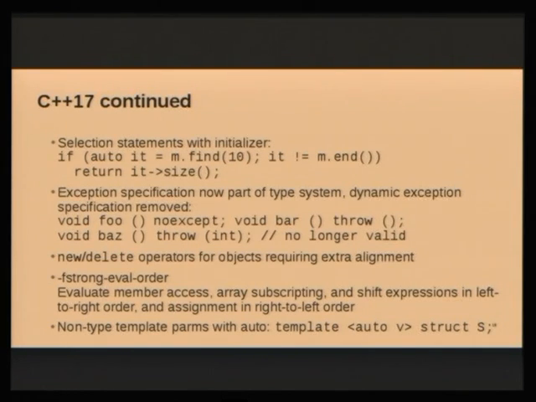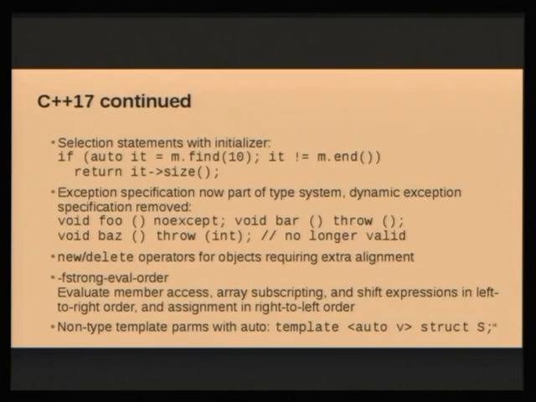This one is probably more important for the various package maintainers. C++17 finally removed the dynamic exception specification on functions. So in C++98 and later on, you could say that this function throws int or any class or whatever.